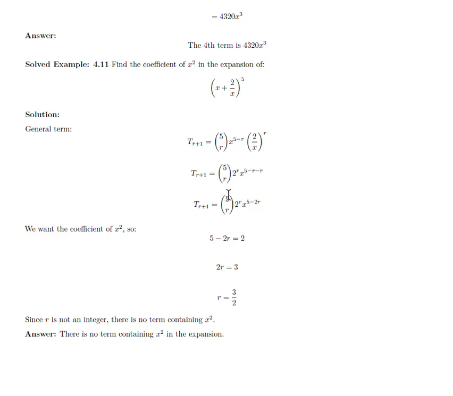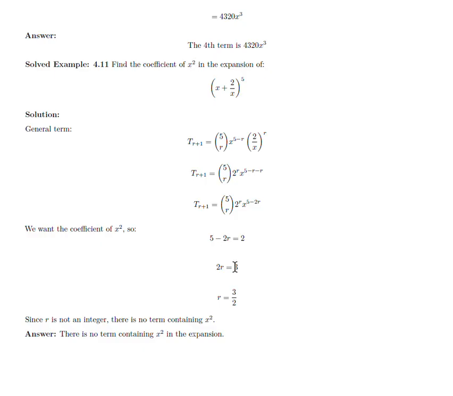For the r plus 1th term, we now have 5 combination r, 2 raised to power r, x raised to power 5 minus 2r, since minus r minus r is minus 2r. Like we said, we have been able to group x into one portion of the term, and so the index 5 minus 2r must sum up to 2.